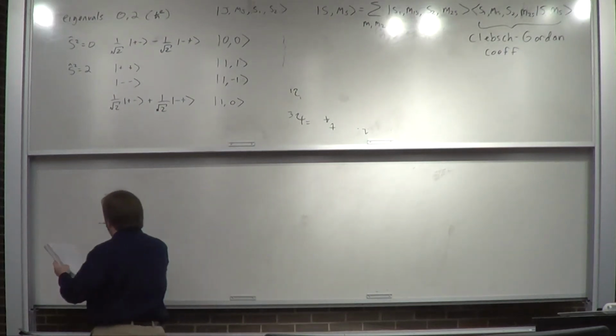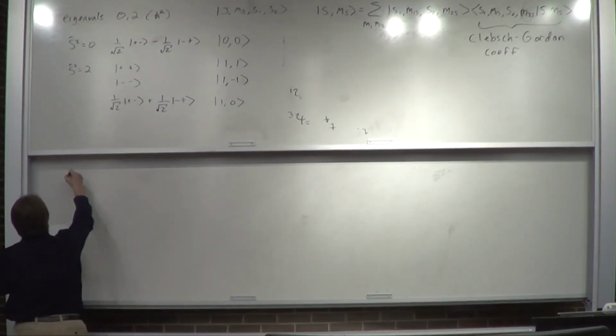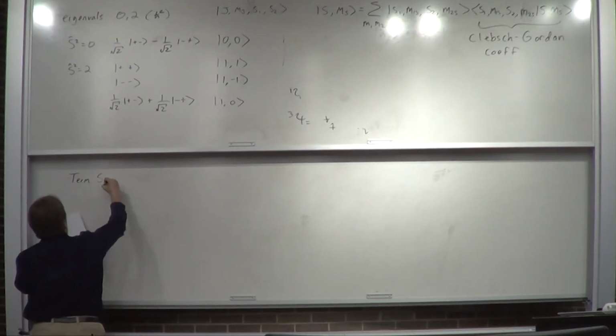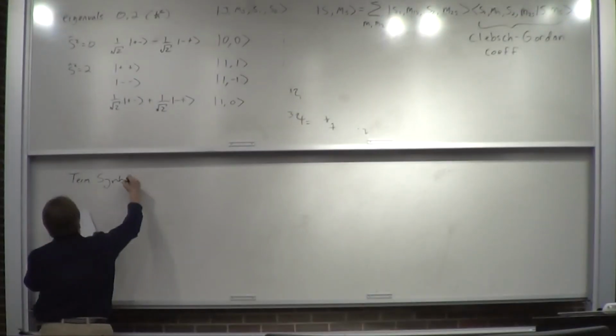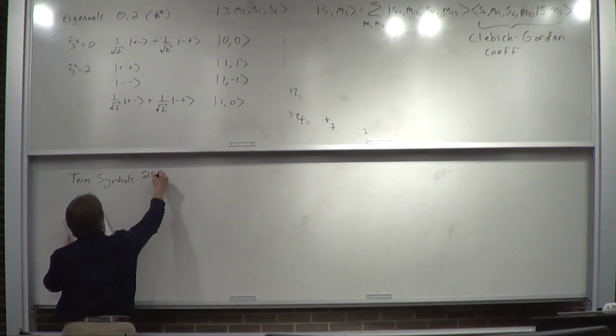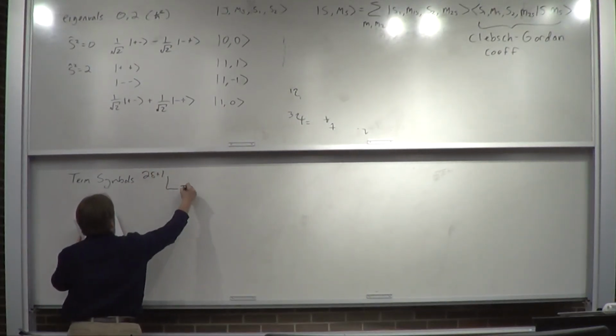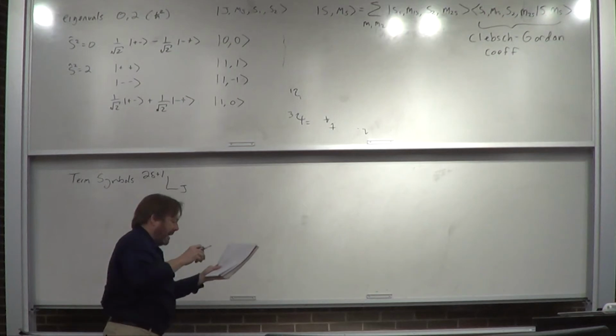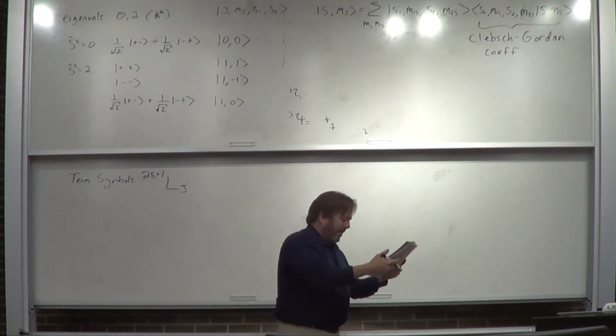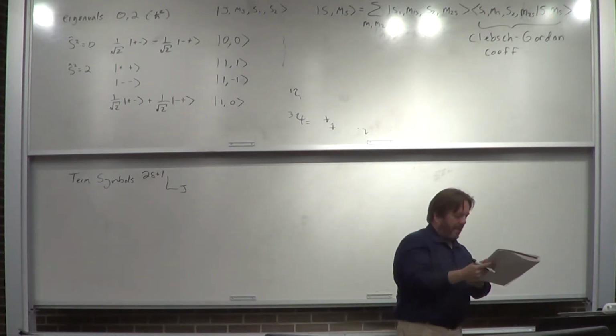Remember that the end goal is term symbols, and those look like 2S plus 1 L to the J. And we need to know what J is.